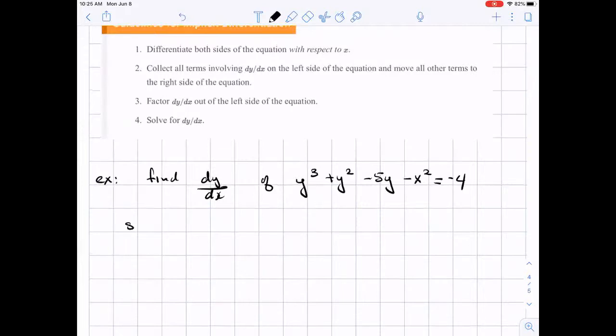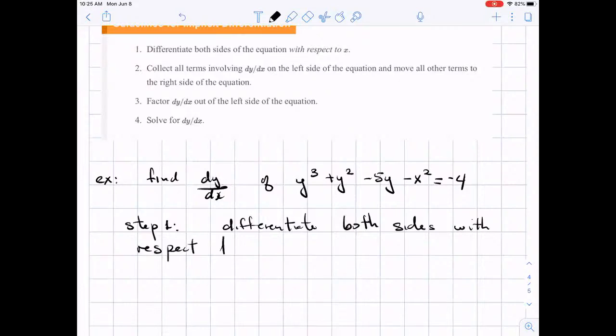First rule, step 1. Differentiate both sides with respect to x. So what we're doing, this here is step 1, okay?